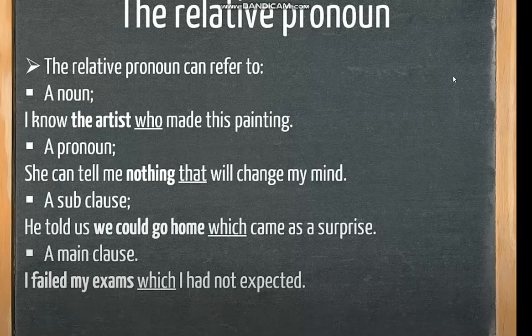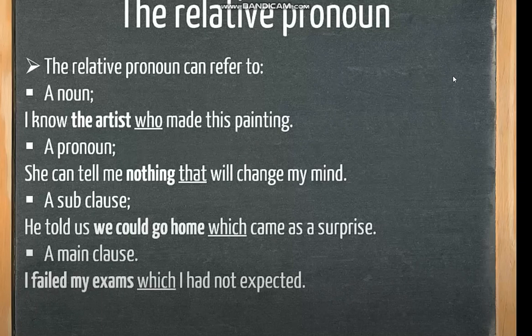Yes, students. Look, I know the artist who made this painting. So a noun, artist, is used with the relative pronoun who. Okay, she can tell me nothing that will change my mind. So she is a pronoun, and that is the relative pronoun. Then a subclause: he told us we could go home, which came as a surprise.